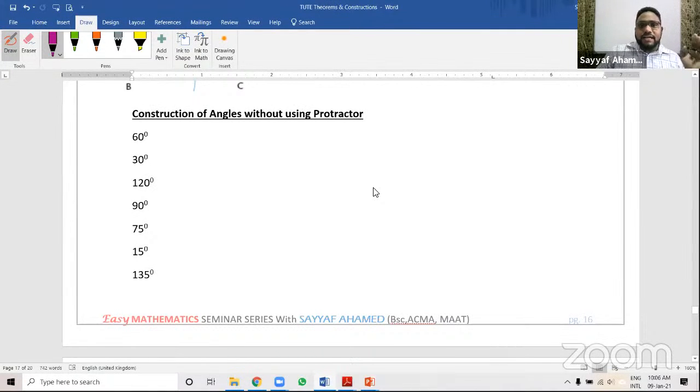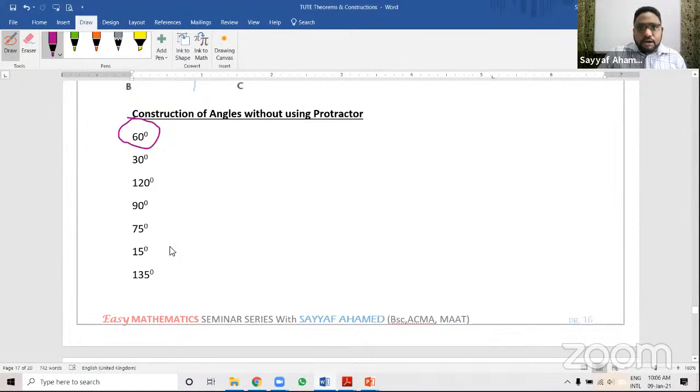Even though you are allowed to use the protractor to measure in certain cases, in most cases you are not allowed to use it to measure and draw. Starting from 60 degrees, which is the very basic one, and the multiples of 60.